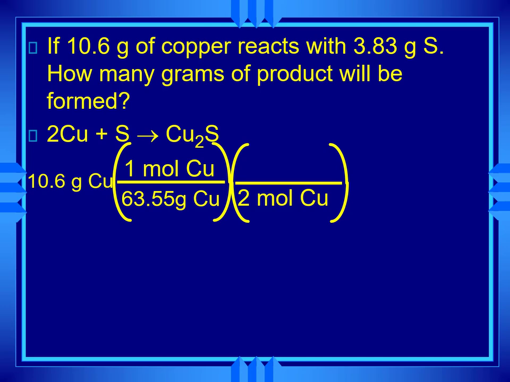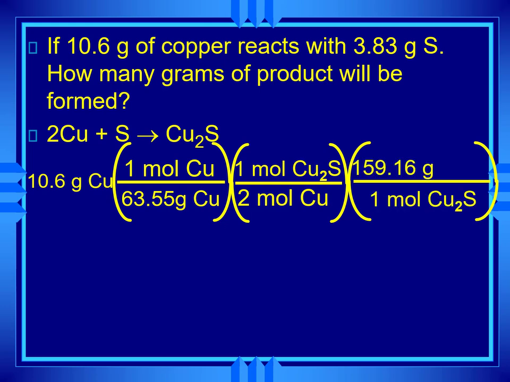If it makes more than one product, choose one and do the same for both. Got to see how many of the same product you're making. And my balanced equation was 1 mole of copper 1 sulfide for every 2 moles of copper. And then I can take my moles of copper 1 sulfide and turn it into grams of copper 1 sulfide. And I get 13.3 grams of copper 1 sulfide.